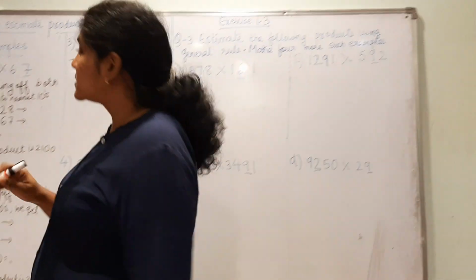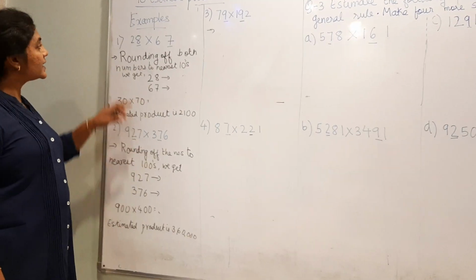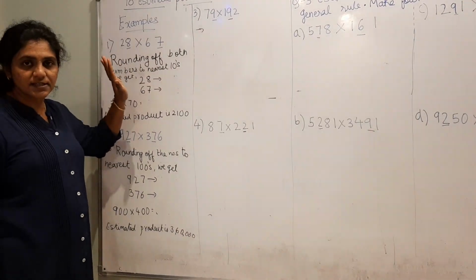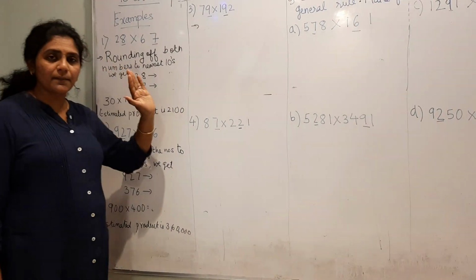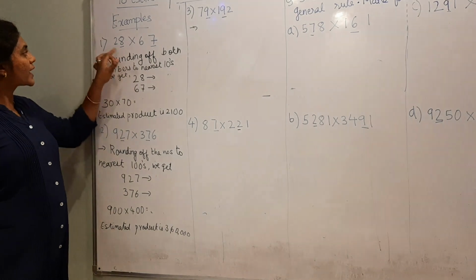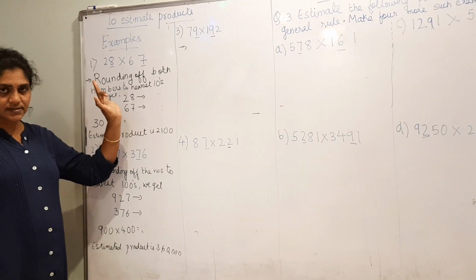Now examples. Estimate the products. 28 multiplied by 67. Here you can round off both the numbers to the nearest tens.